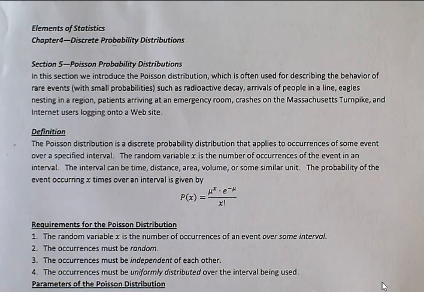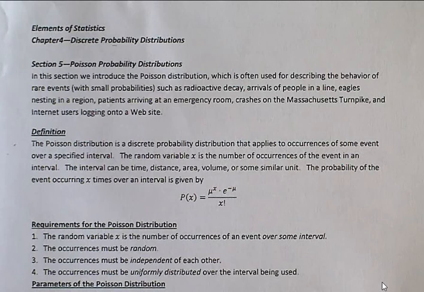Now, some of the requirements of a Poisson distribution are very similar to what we did with binomial. But because of the type of situation we're dealing with, you can see the formula that's given up there is quite different. The requirement says the random variable x is the number of occurrences of an event over some interval.